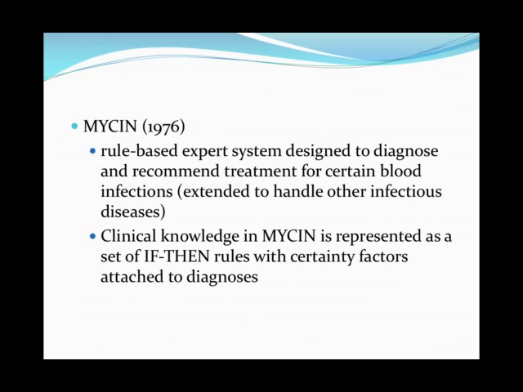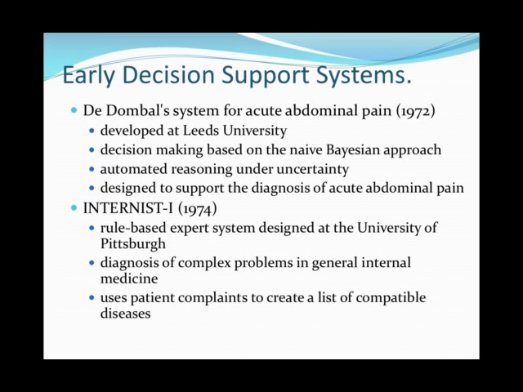In 1976, this is a pretty famous one, MYCIN. It's another rule-based system designed to diagnose and then even recommend treatment for certain blood infections. You can see it getting a little more complicated.